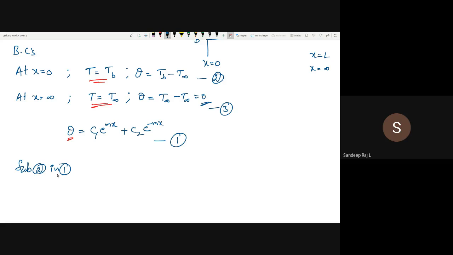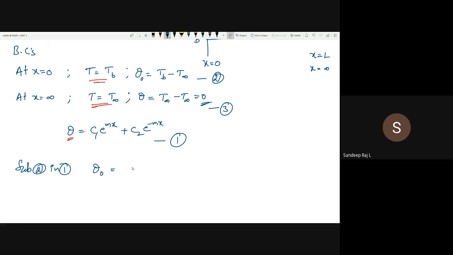When I substitute 2 in 1, let me call theta at x is equal to 0 as theta naught, to differentiate it.